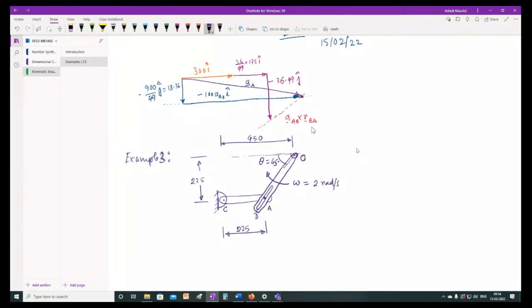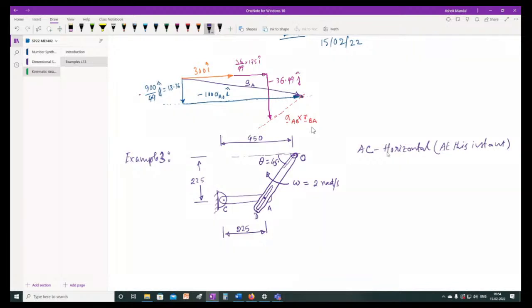Another piece of information given is that AC is horizontal. All these dimensions and angles are at this instant, because at the next instant the distance OA will change and the angle will change. Obviously, the distance between these two points will not change.